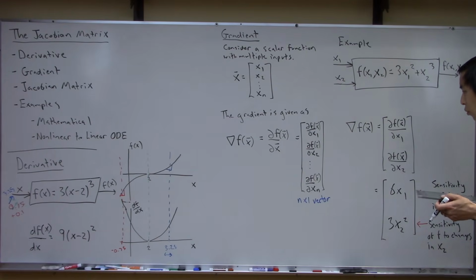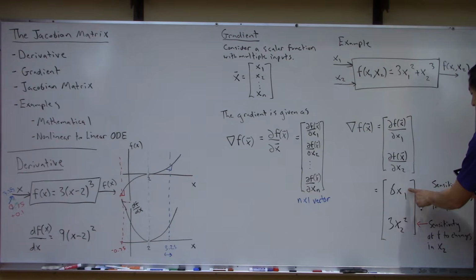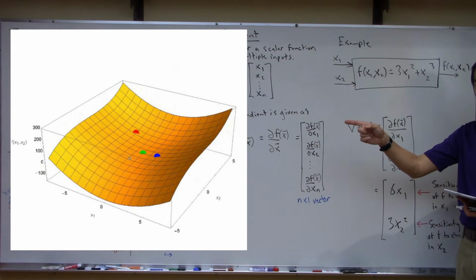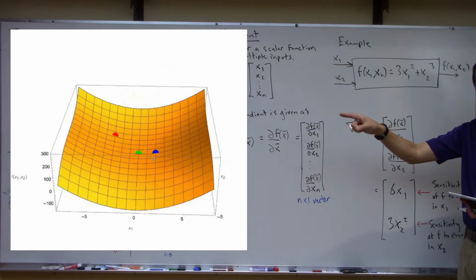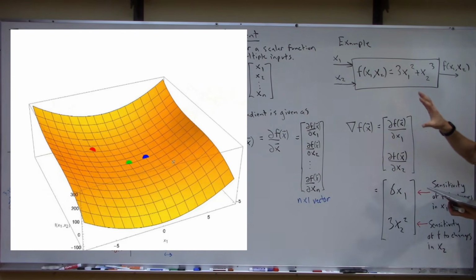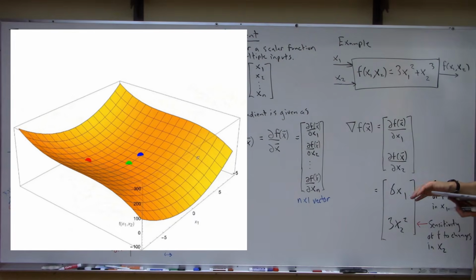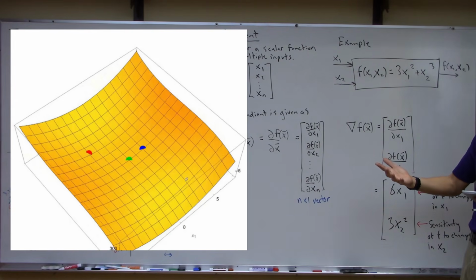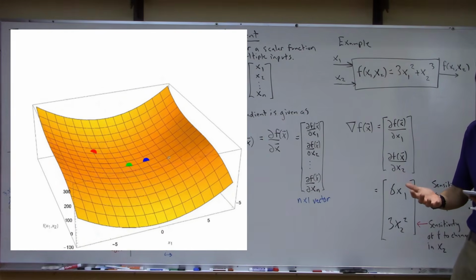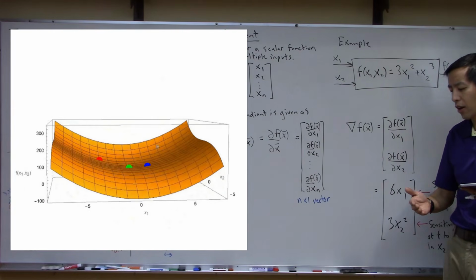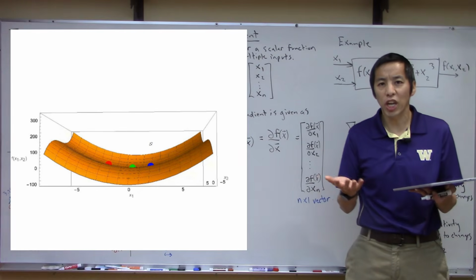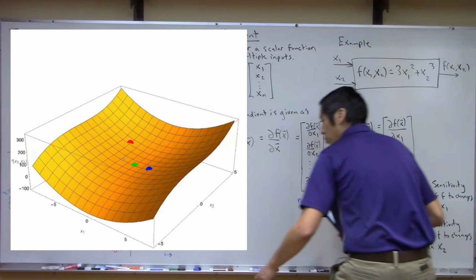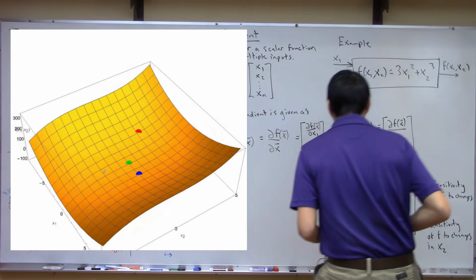So what this physically means is, let me spin a movie over of this function on the side. What you're seeing in this picture is the orange surface, which is this function for a whole bunch of different x1 and x2 values. As you can see, the slopes of this function change depending on where you are. Let me use our same red, green, blue idea.